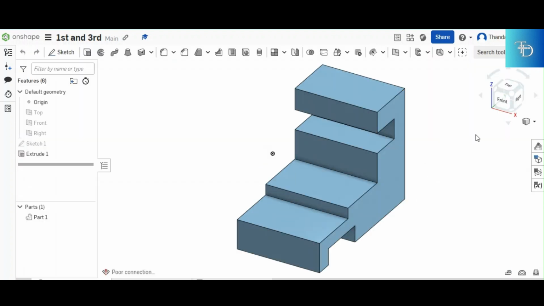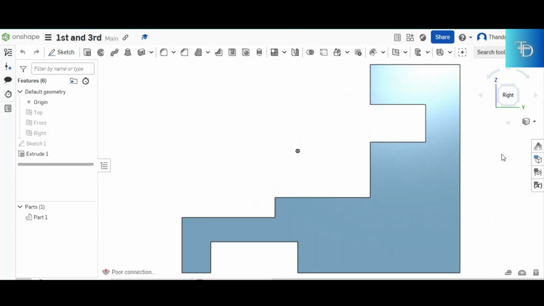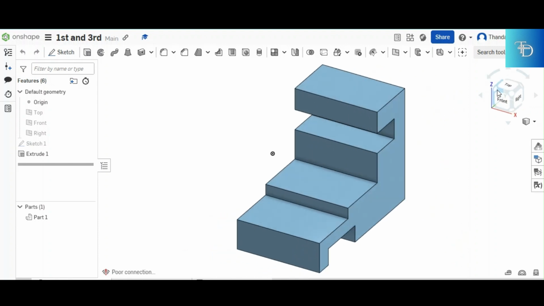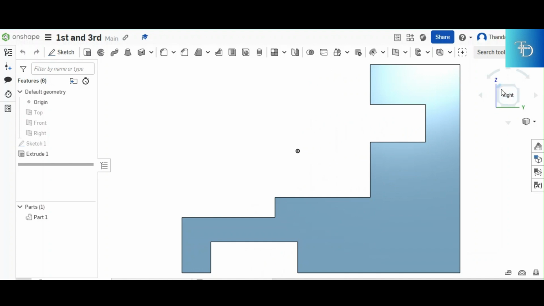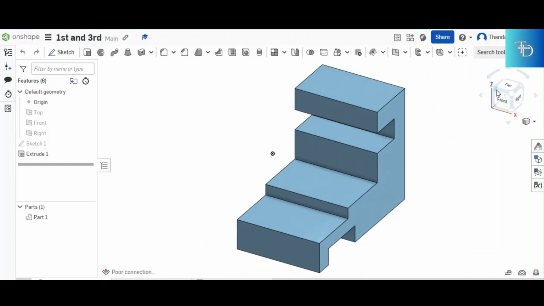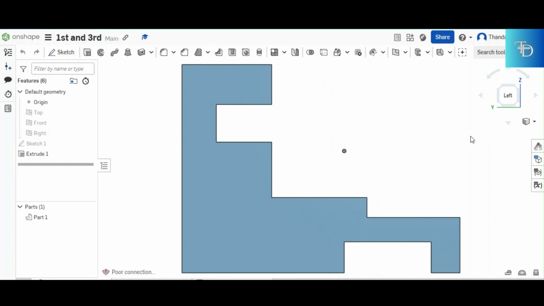If we were to go back to our bracket right there and click on the right view, this is what it appears like. But on the first angle, the shape of the right view and the shape of the left view are the same, but the positioning is not the same. This is the position of the right view. And then for the left view, this is the position.